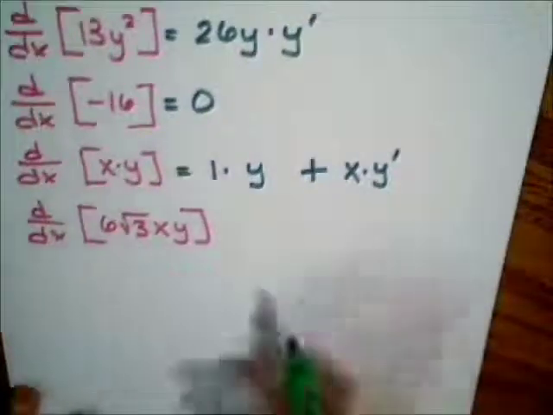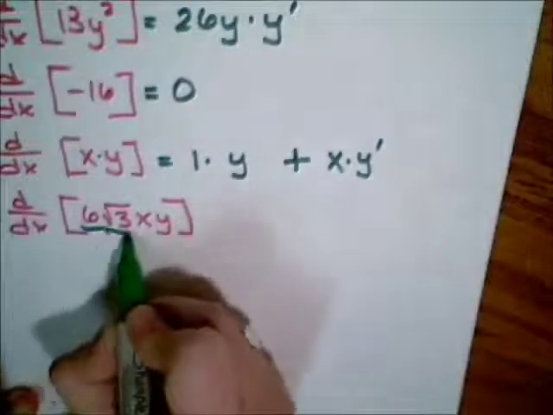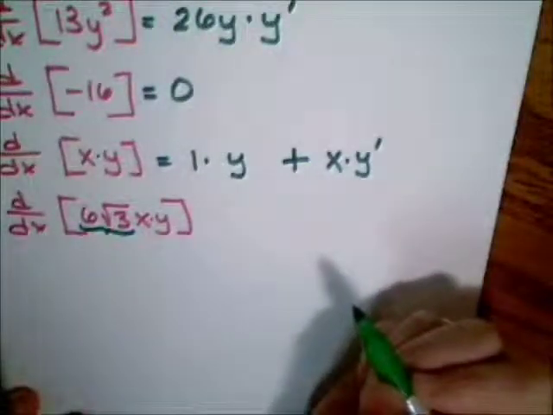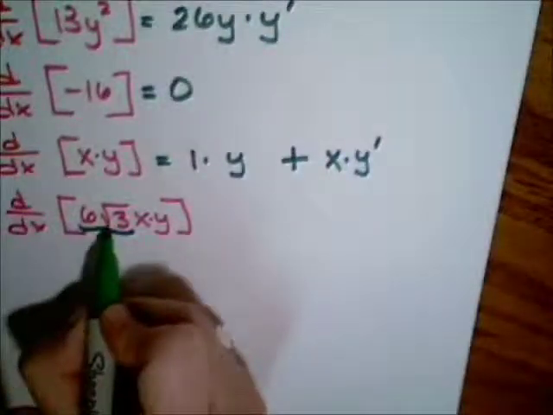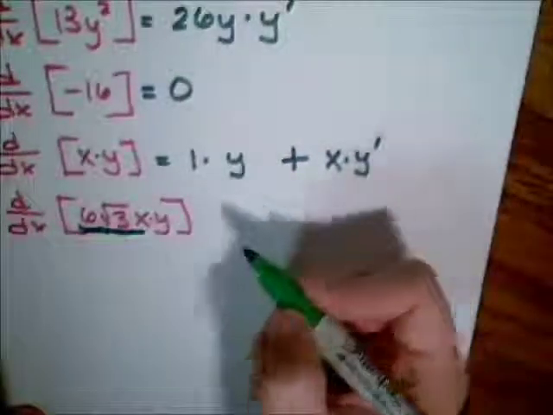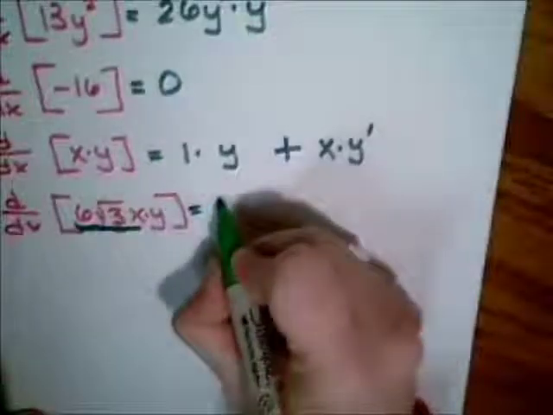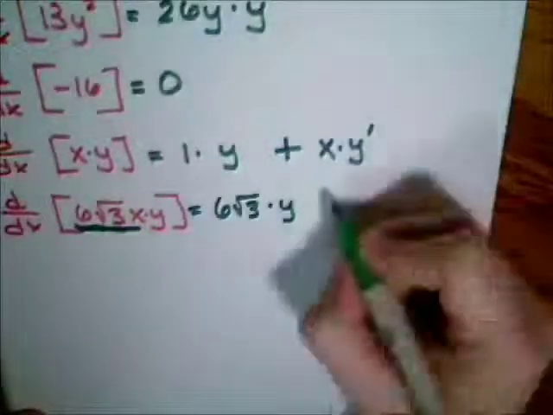And more specifically, in the problem we're going to look at, we're going to have the derivative of this multiple of x times y. No problem. We can associate 6 square root of 3 with x. And when we use the product rule, we'll take the derivative of the first factor, which will just be 6 square root 3, leave y alone.